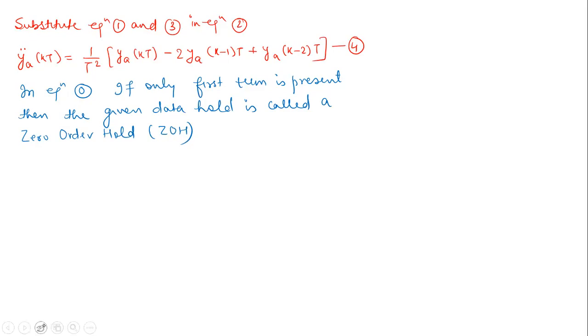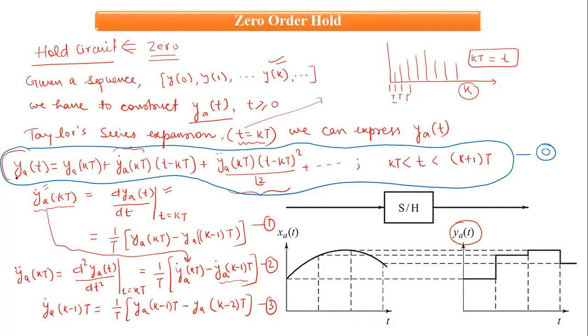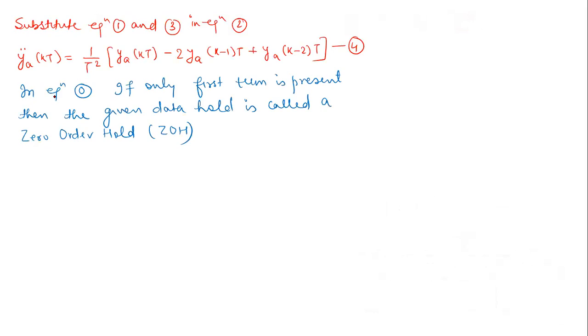Now let us see what is the first term in this. So the first term is y a t is equal to y a k t, where t lies between k t, either equal to or greater than k t, and less than k plus 1 t.